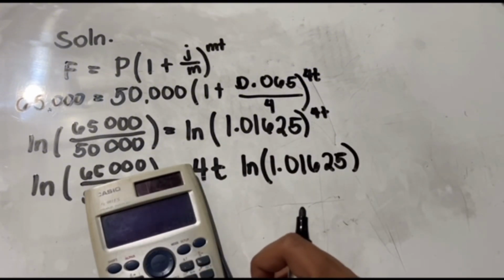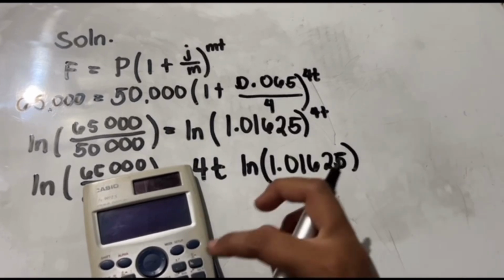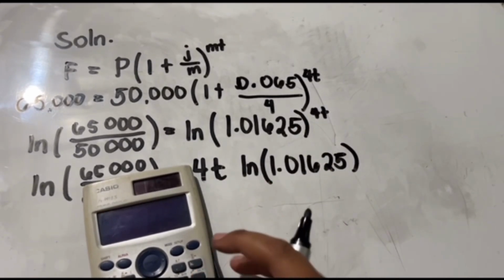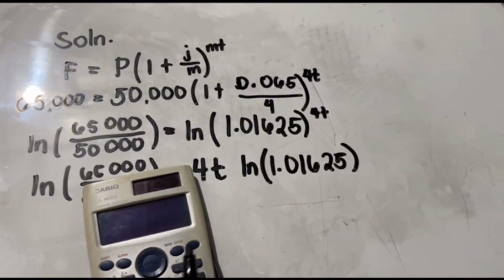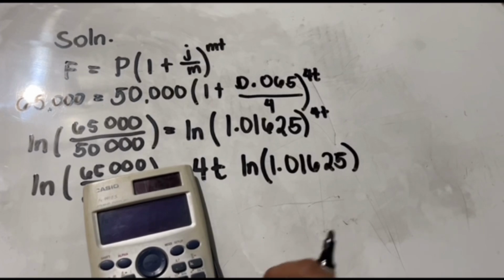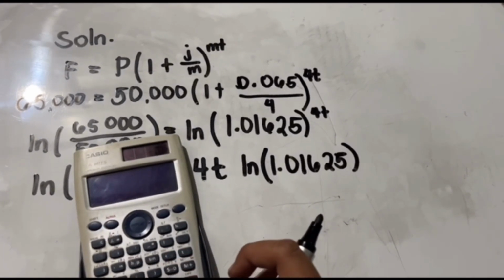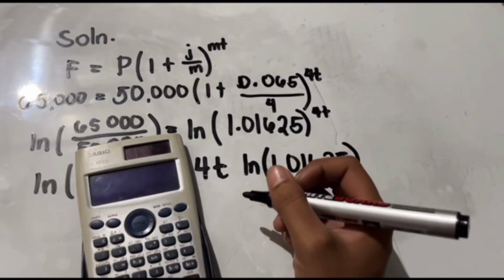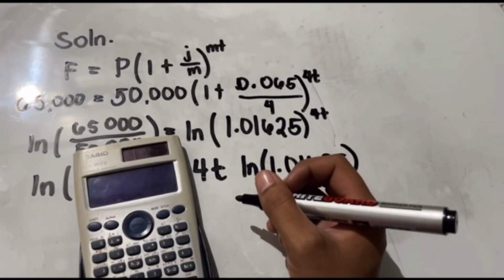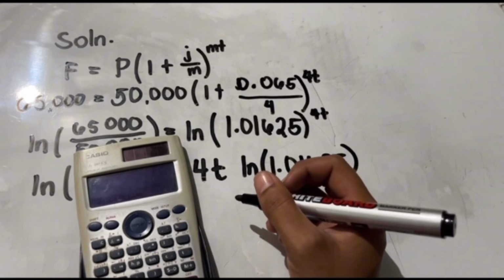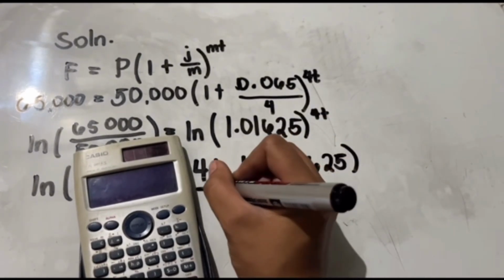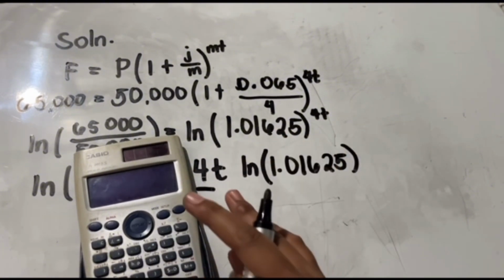So divide the answer by the ln or logarithm of 1.01625, then equals. The result is 16.2763229. So we will divide it by 4 to get the time.